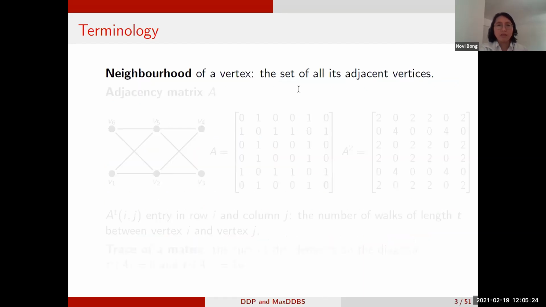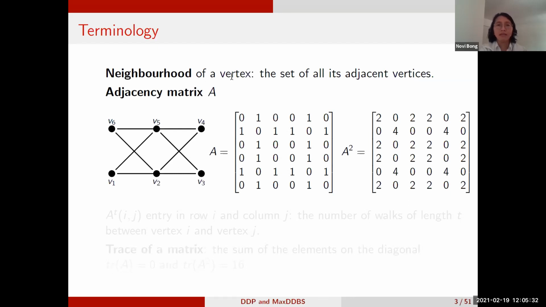The neighborhood of a vertex is the set of all its adjacent vertices. The adjacency matrix is a square matrix with all the rows and columns labeled by the vertices. You have a 0 if there is no edge between the two vertices, and a 1 if there is an edge.